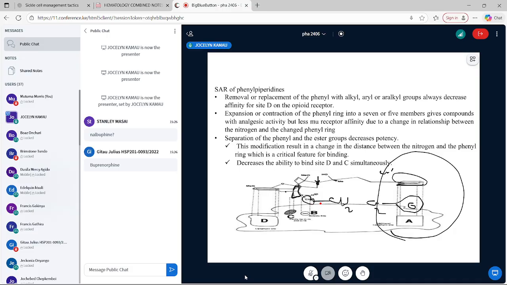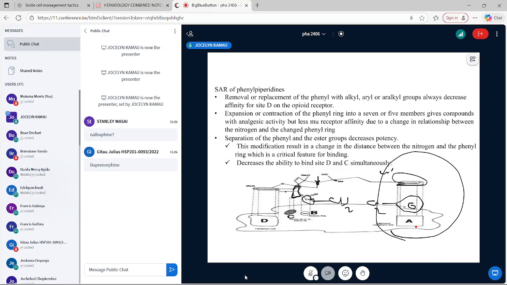When you have a big group, I repeat again, at position 7, especially when it has a phenyl group, and also a big group at position 17, again, especially if it's an aryl group, it allows that molecule also to interact with another area, which we call an allosteric site A. And when it interacts with that allosteric A, that is how the activity of this compound changes from antagonist activity to agonist activity.